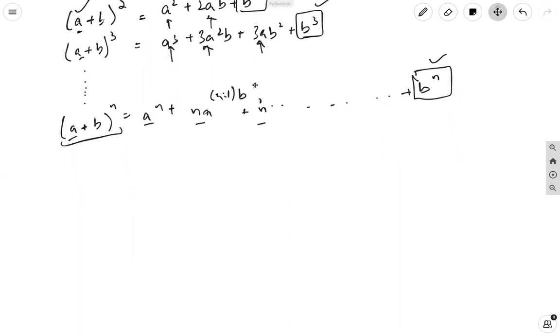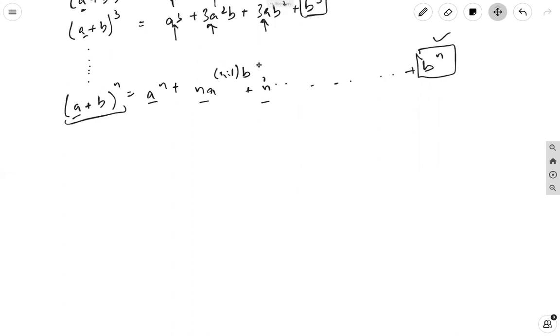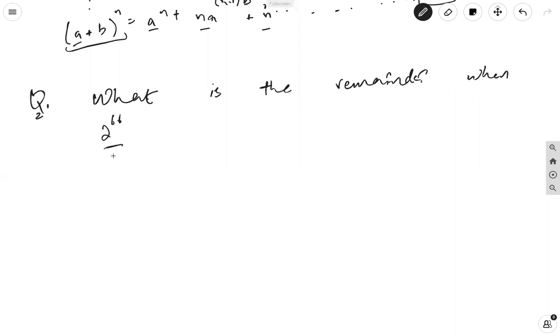Let's suppose I ask you to solve a question, and the question is: what is the remainder when 2 power 66 is divided by 9? So the question is, what is the remainder when 2 power 66 is divided by 9?